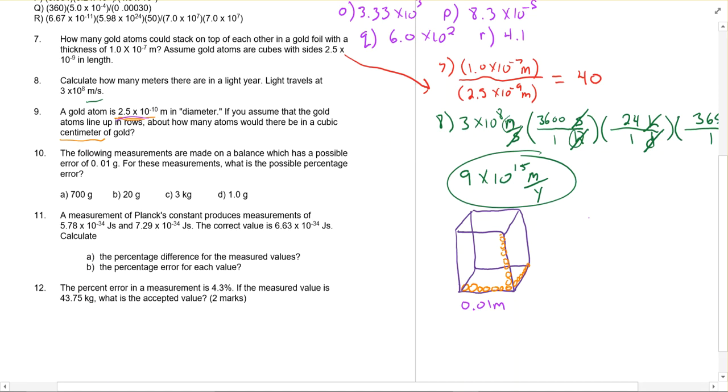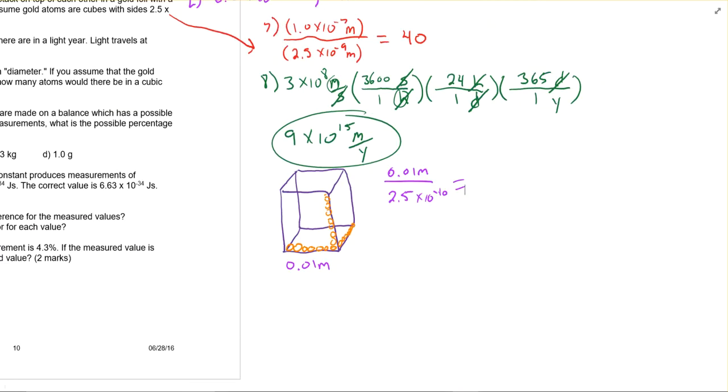So let's do the calculation over here: 0.01 meters divided by 2.5 times 10 to the negative 10. That's going to be 4 times 10 to the 7. There's going to be 4 times 10 to the 7 gold atoms along the bottom there.